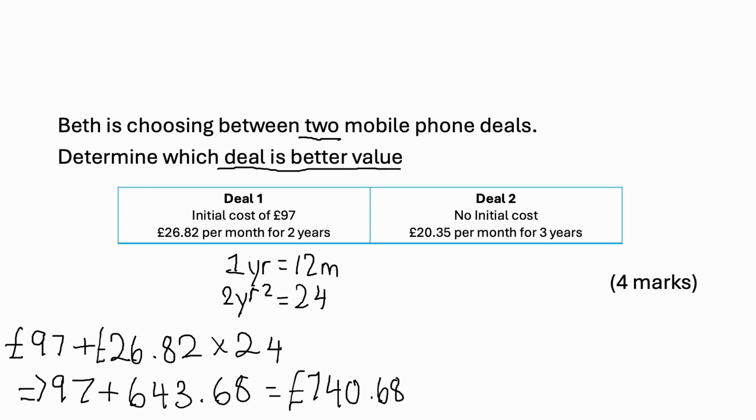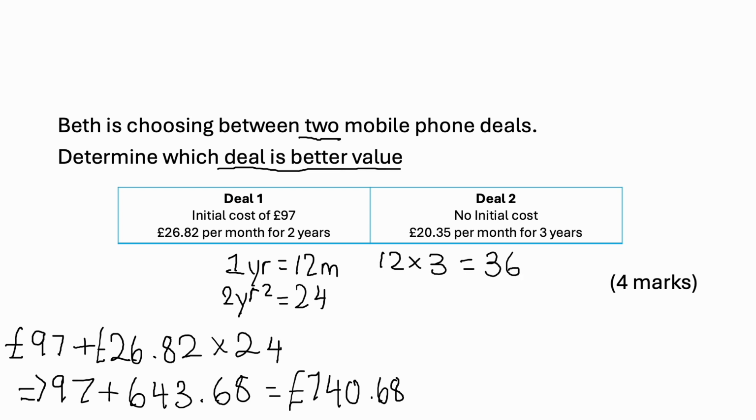Okay, now let's look at deal 2. No initial costs, but you pay £20.35 per month for 3 years. If a year is equal to 12 months, that means we need to do 12 months times by 3, which we get as 36.